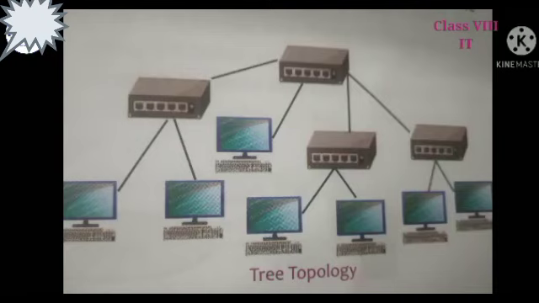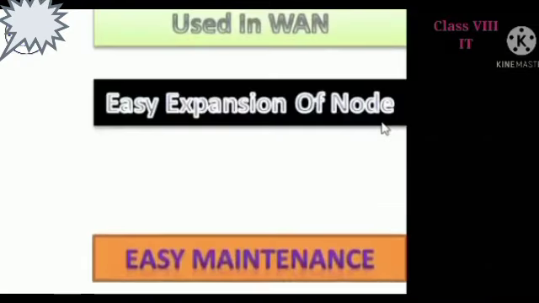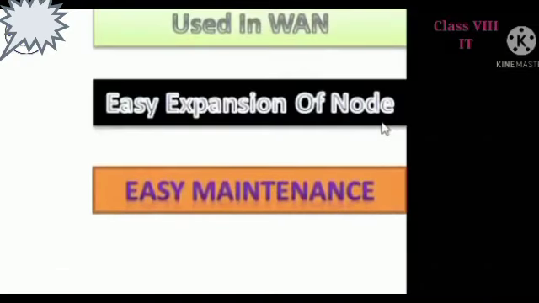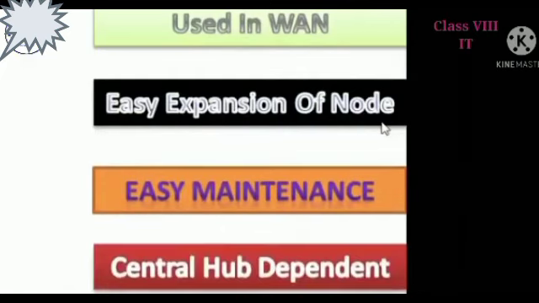From the root node, all the remaining branches will form. If the root node fails to operate, the entire network fails. That's the case of tree topology. There is a main root node, and from that the branches will come. The advantage of this topology is it is very easy to expand and easy to maintain, but it is central hub dependent.